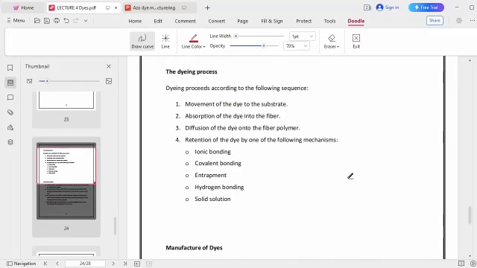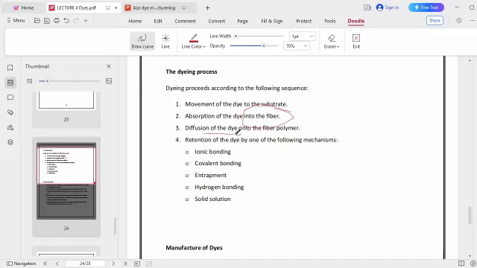And then we have the dyeing process. The dyeing process generally proceeds according to the following sequence. The dye moves to the substrate, then the dye is absorbed by the fiber or the substrate.